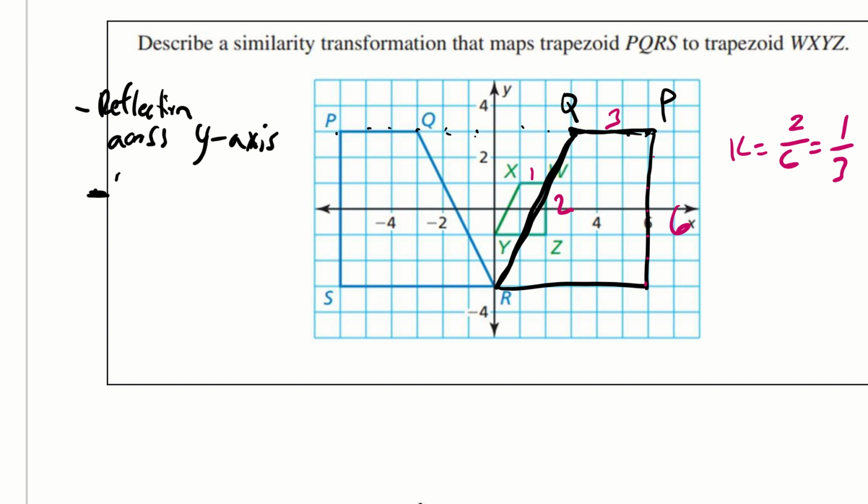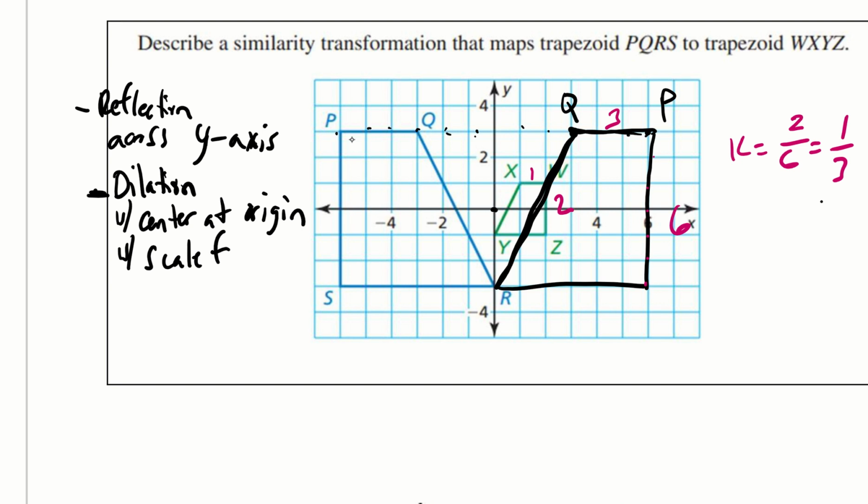So we're going to do a dilation from the origin. If I shrink this by 1/3 from the origin, this is going to work. So dilation with center at the origin with a scale factor of 1/3.